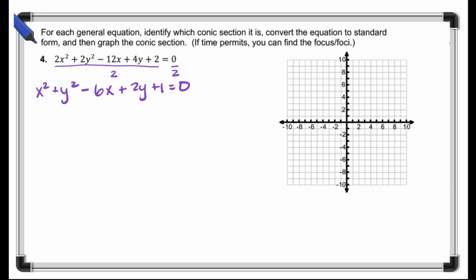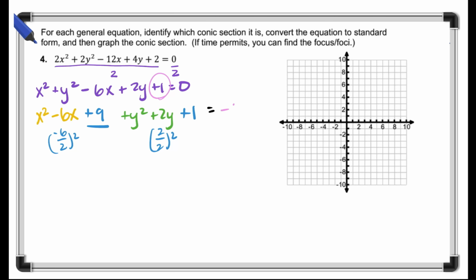So let's group together what we have. We have x squared minus 6x. We're going to go ahead and complete the square. That's -6 divided by 2 squared, which gets us a 9. Then we are going to have y squared plus 2y. Again, 2 divided by 2, square it, and that's going to give us a plus 1.